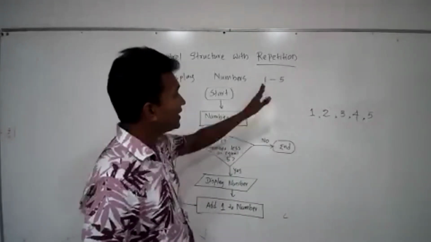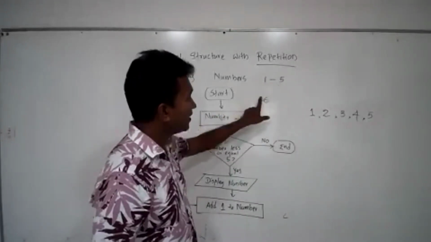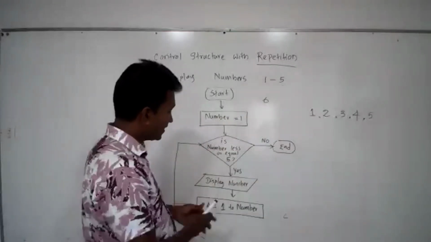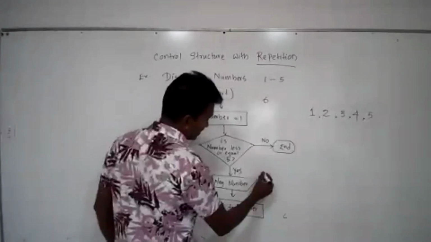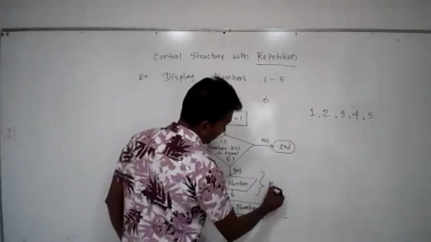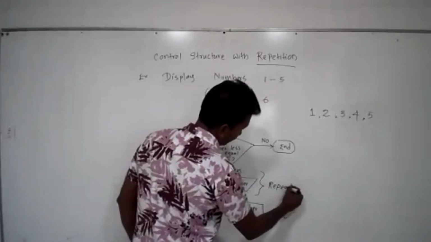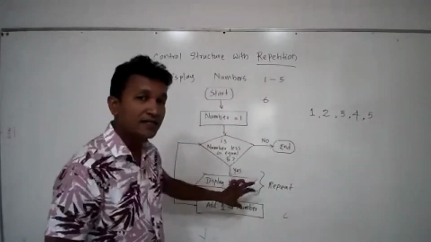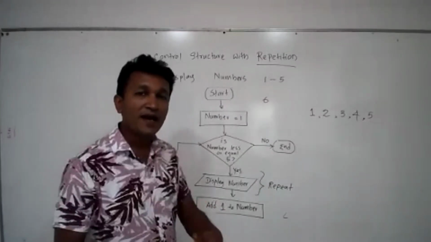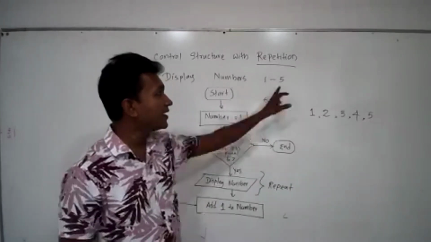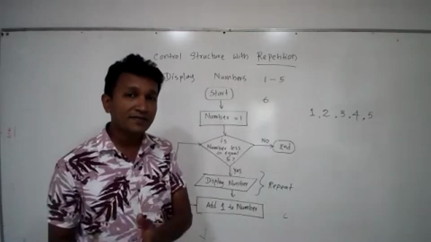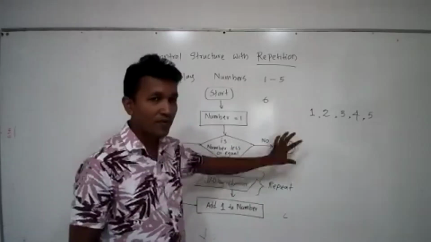Until it becomes 5, we have to repeat this. We are repeating this step. That means we display number again and again until it becomes 5. If it becomes 6, we have to stop the program.